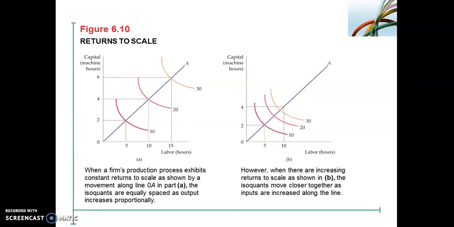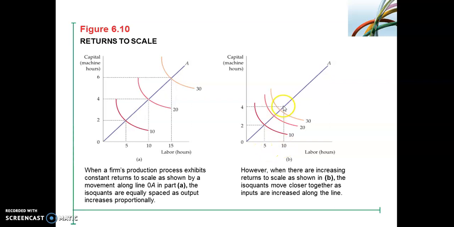Now, figure B, if we examine it closely and we look at the first isoquant given by an output of 10, we can see that it is given by the combination of 2 machine hours and 5 labor hours. Now, what happens if we double our inputs from 2 machine hours to 4 machine hours and double our labor hours from 5 to 10?